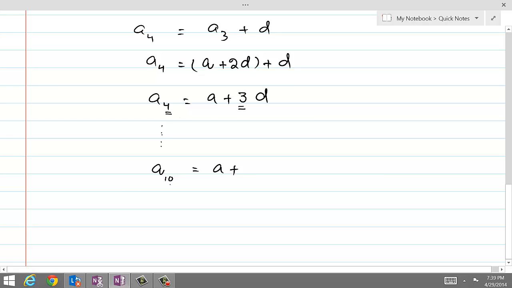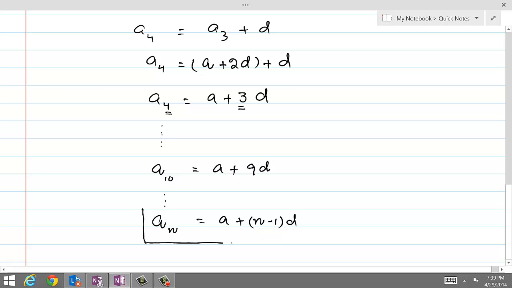Here the subscript is 10, so this will be 9D. And similarly, AN would be equal to A plus 1 less than the subscript. If the subscript is N, then 1 less would be N minus 1 times D.